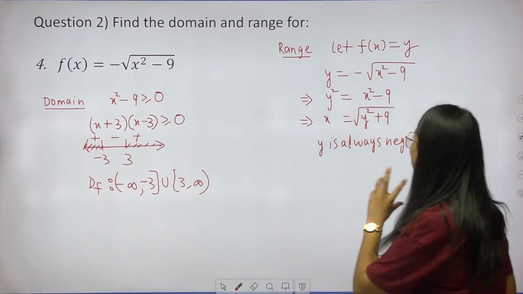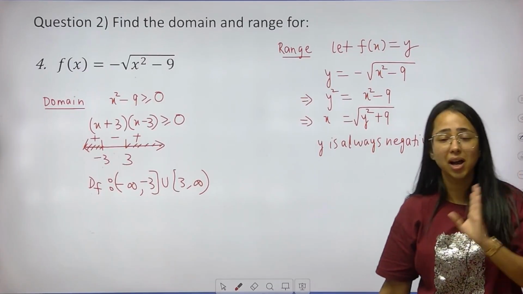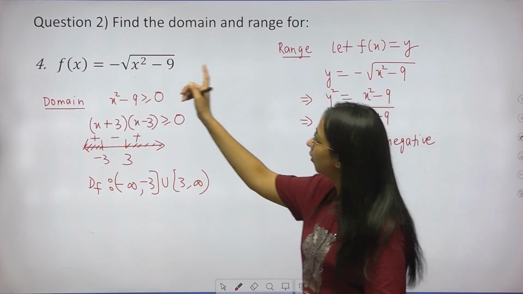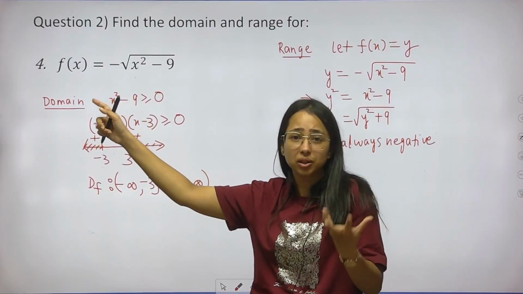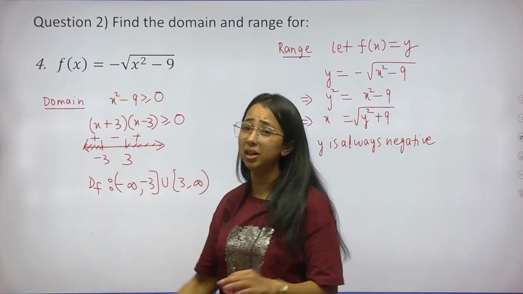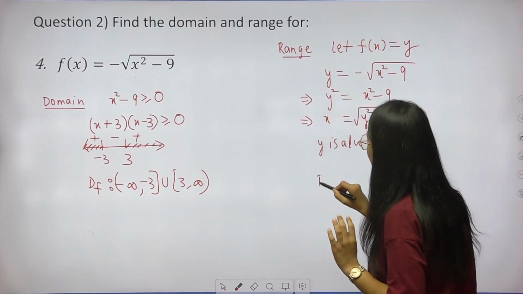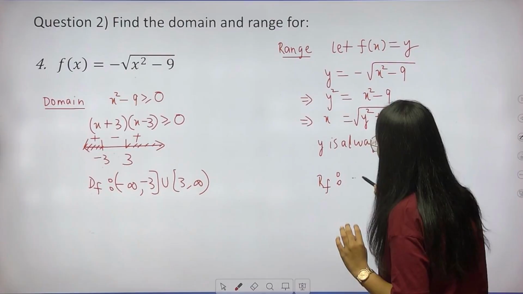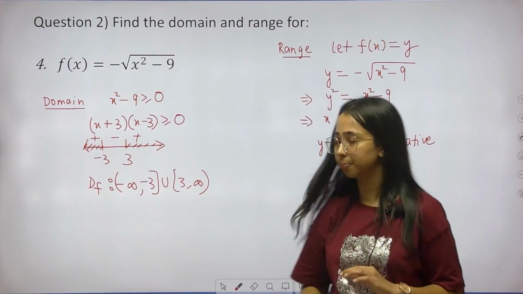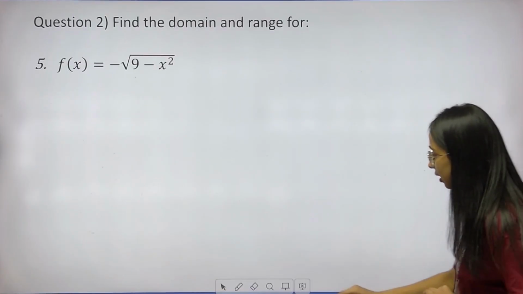Here we can see that y can take all the negative values. There is no problem. But when we put any positive number, that's not possible because root is positive and we multiply it with minus 1, then it becomes a negative number. So range will be minus infinity till 0. Clear? Okay. All right. Next.